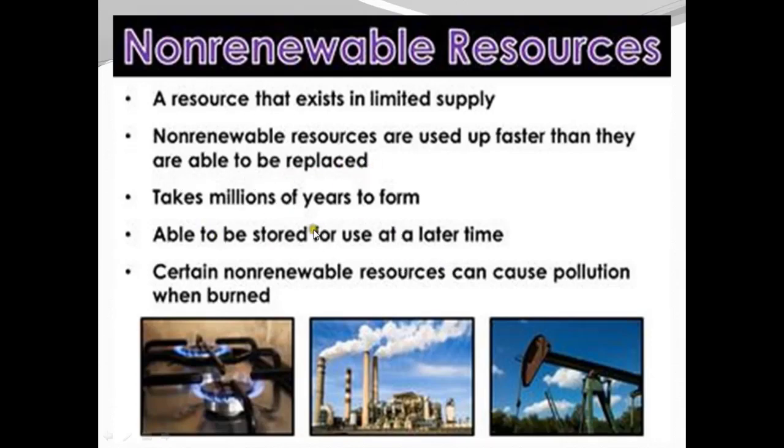They take millions of years to form and are able to be stored for use at a later time. Certain non-renewable resources can cause pollution when they burn, like when we are burning gas, or burning things for other industrial purposes, which can cause pollution. So these are the non-renewable resources.